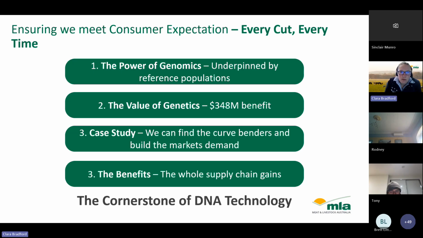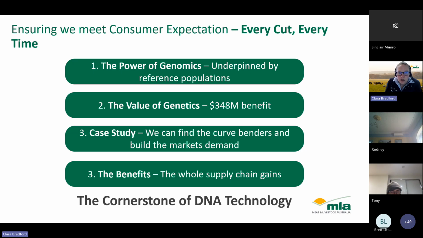So just to recap, genomics is incredibly important in driving genetic progress, and that is underpinned by our reference populations. The value of genetics is sitting at $348 million benefit out until 2040. The sheep case study demonstrated that we can actually find those curve benders and build that market demand, which leads to new commercial grids and opportunities being developed.